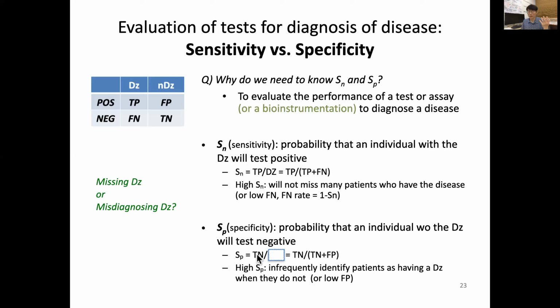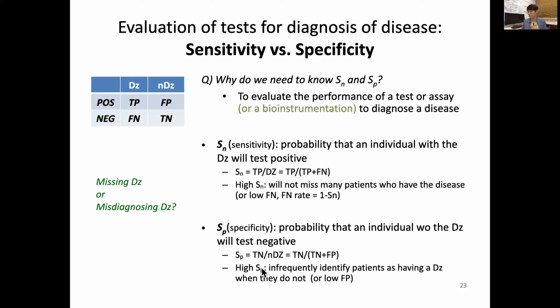So the definition of specificity is that someone with no disease will test negative: out of no disease, the test will be negative. No disease is composed of true negative plus false positive. So what does it mean to have a highly specific test? It means you need to have very low false positive. And false positive means I truly don't have the disease, but the test gives me a positive.